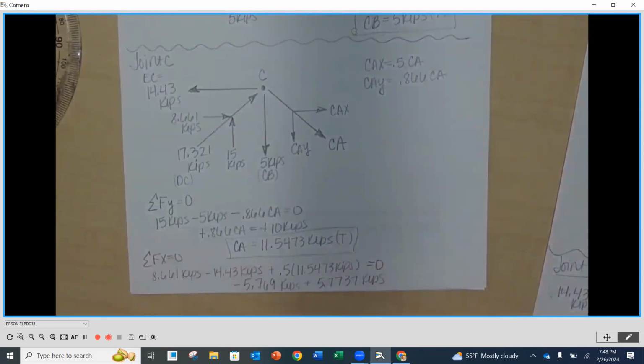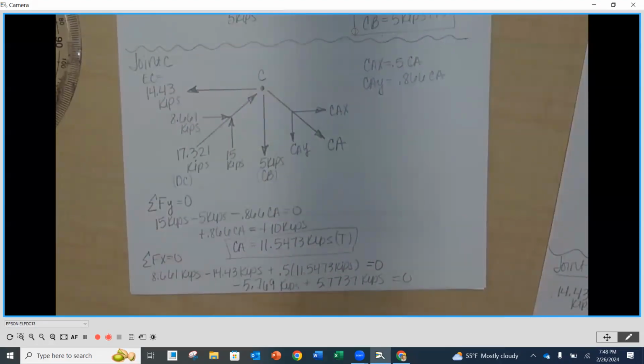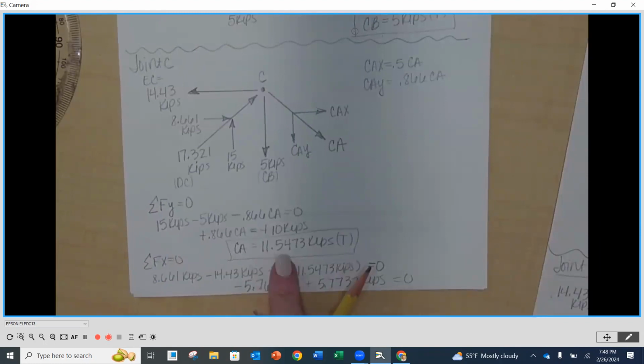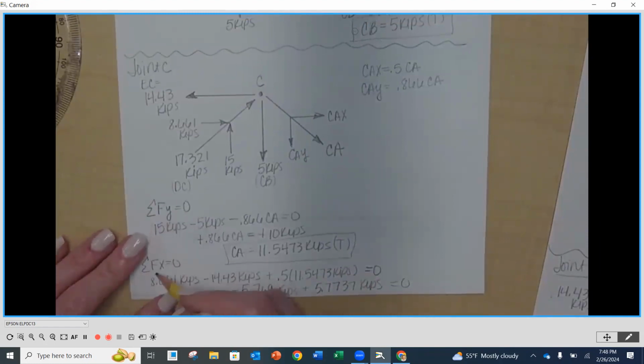I think it's just a rounding error equal to zero, because this should equal zero if I'm adding and subtracting those. I was just doing a real quick check. You don't have to do that, but did you get 11.5473? Yeah. I'm thinking that the 14.43 is a little bit rounded. That's okay. You don't have to do this check. I just did it as a little separate.